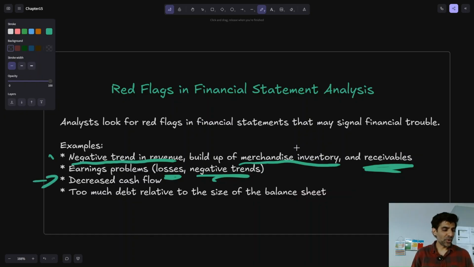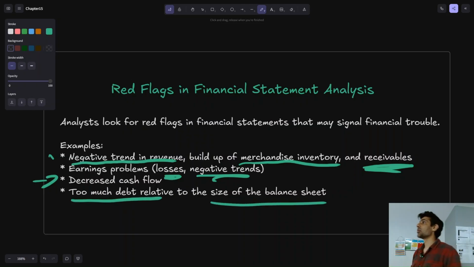Cash flow: you look at the cash flow from operations, from what we just covered last chapter. If you see that the cash flows are declining, that's also something to look out for. And then too much debt relative to the size of the balance sheet. You'll see that in the debt to equity ratio, the coverage ratios, all the ratios related to current liability coverage. So you have to be paying attention to that.